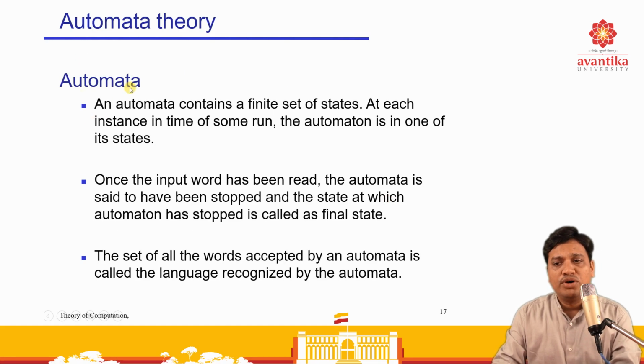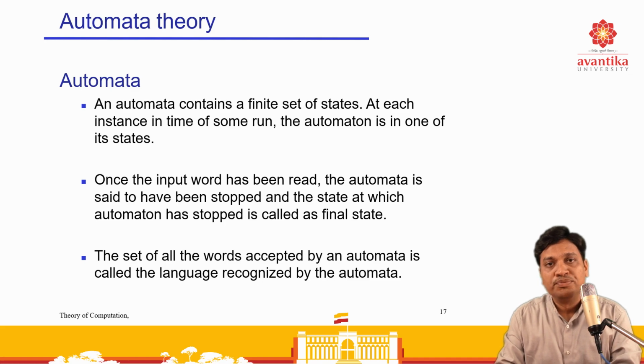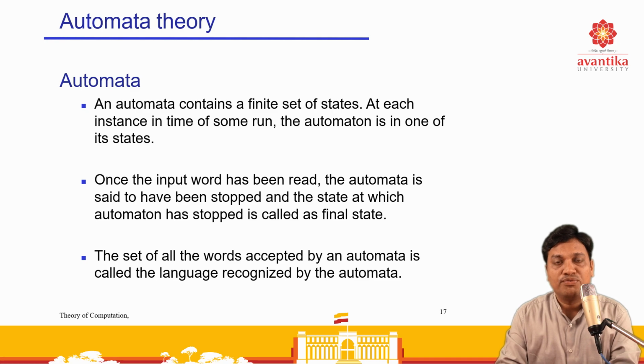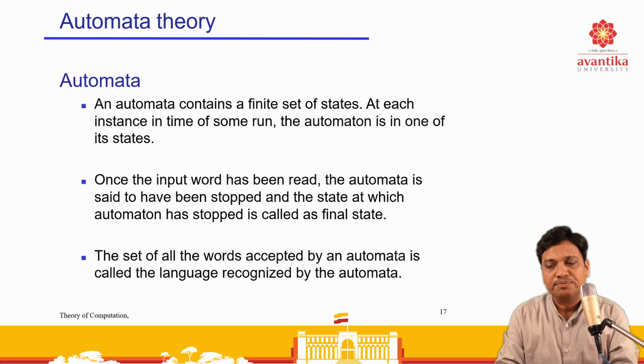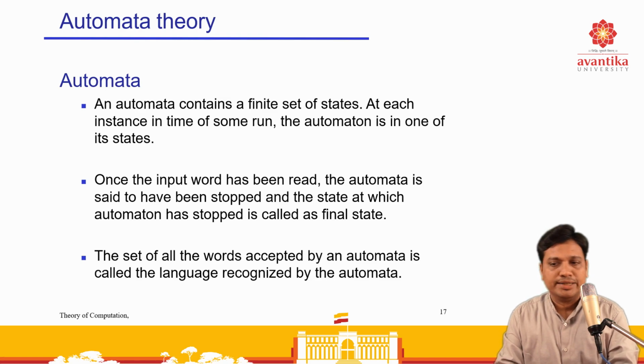Now move forward. Automata. So what is the meaning of automata? Automata belongs to automation. There are some machines, automation, or some kinds of production rules or computation. We perform computation. So an automata contains a finite set of states. At each instance in time of a run, if the machine is run, then the automation is in one of its states, meaning it changes the states from one to another.